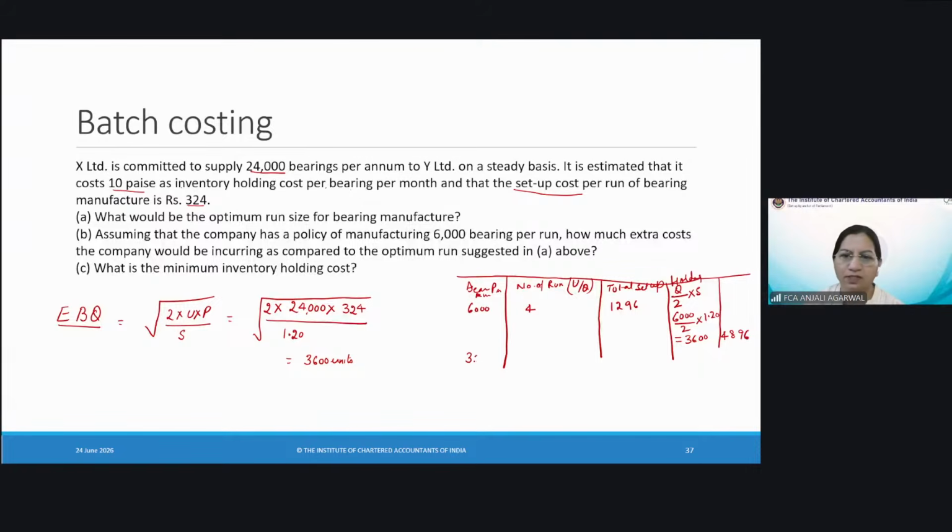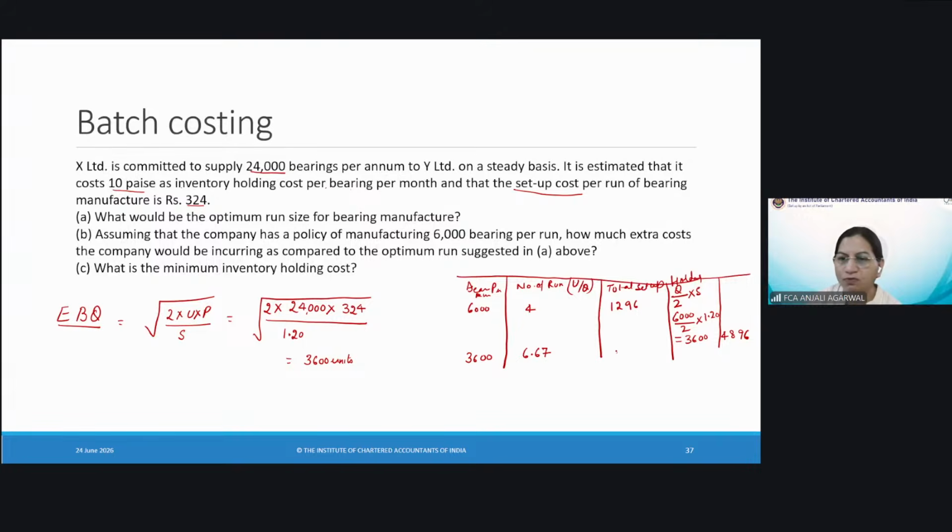Had you gone for 3,600 units, number of runs would have been 24,000 divided by 3,600, 6.67. Theoretically not possible. Practically not possible to have a production run of 6.67, so you will have 7 runs. But here, for theoretical purpose, to compare the price, I can take it theoretically.